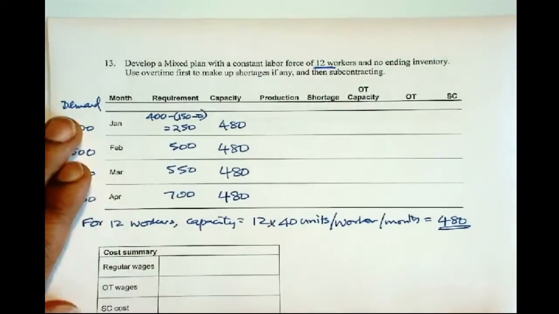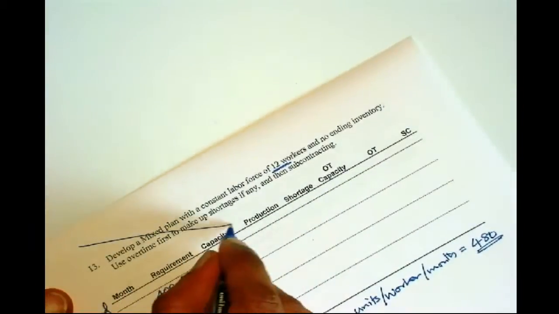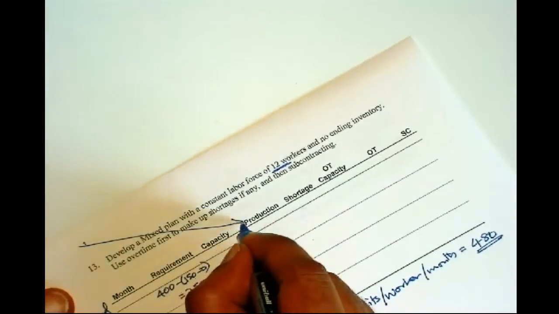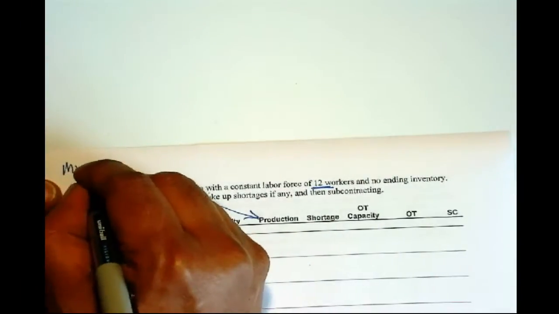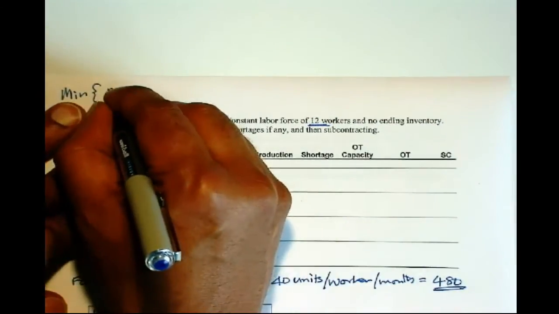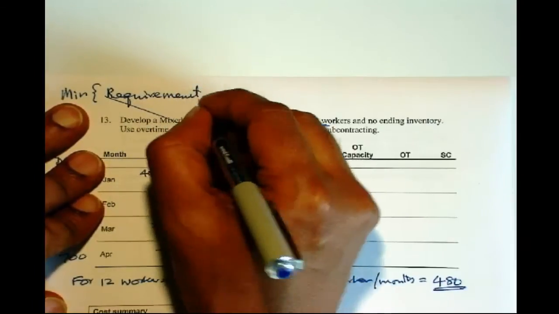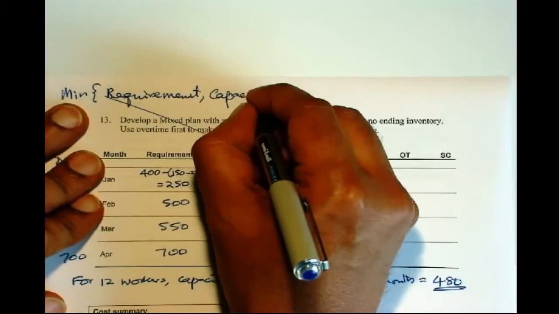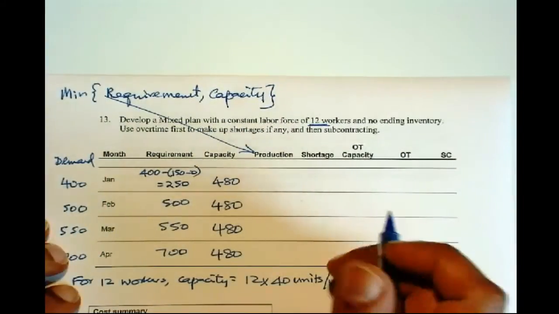So remember the formula: production is the minimum between requirement and capacity. So you compare these two.